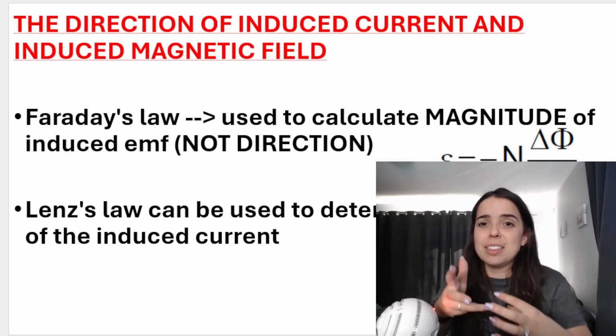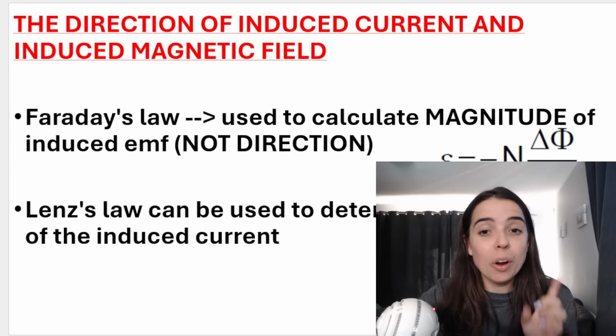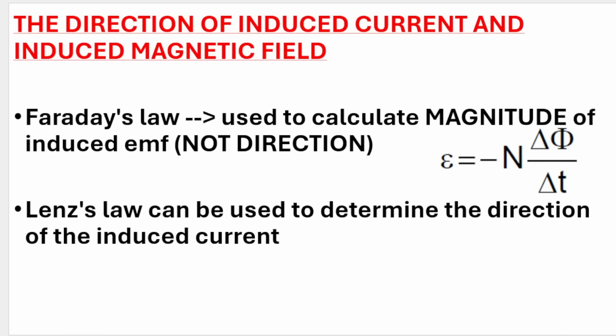There are things creating things, and those things create other things, but I hope you're following me. So today, we're going to be using Lenz's law to determine the direction of induced current, plus the direction of the magnetic field, and that is the magnetic field that surrounds the induced current.